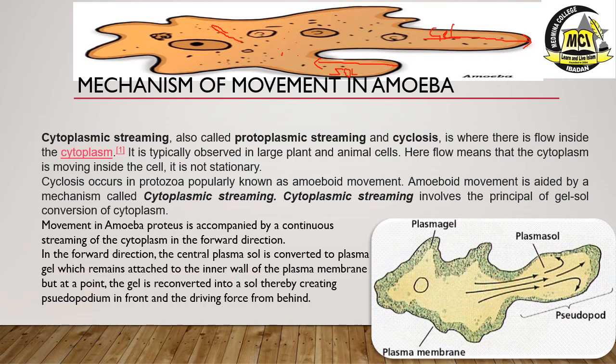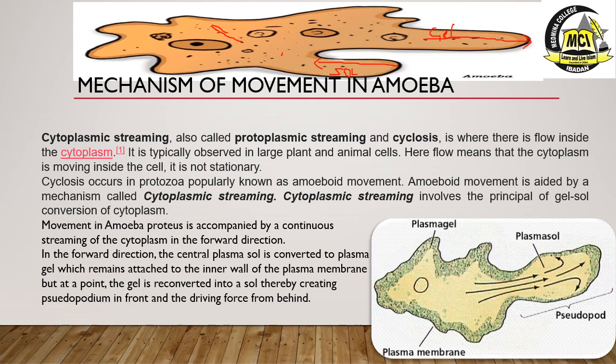This is amoeba. Can we see the diagram? The plasma gel and the plasma sol. That is how we have the conversion. Look at the plasma gel. When the plasma sol moves forward, then the pseudopodia extend.